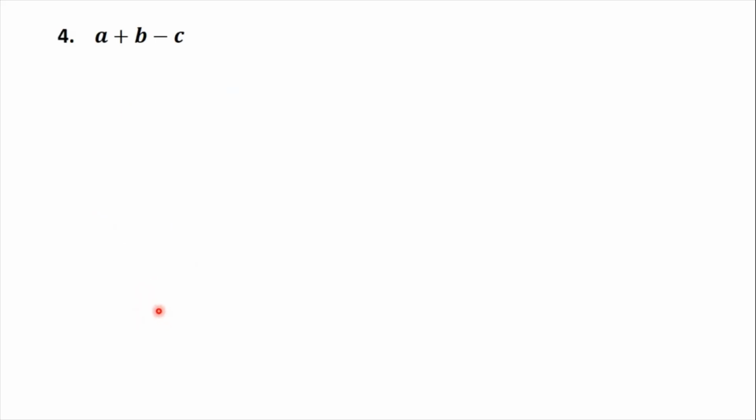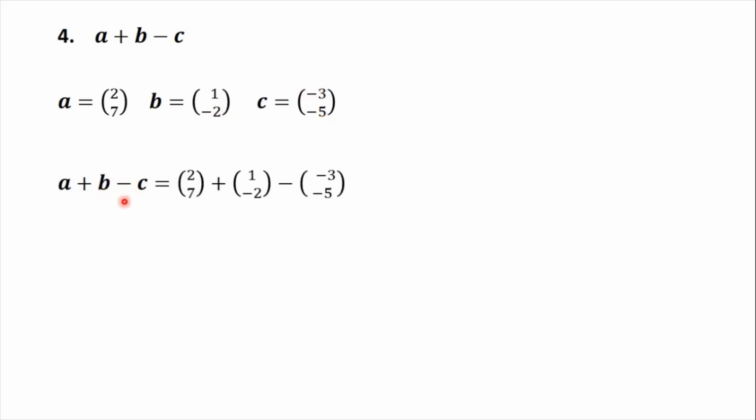The last one is A plus B minus C. A is (2, 7), B is (1, -2), and C is (-3, -5). So A plus B minus C will give us 2 plus 1 minus -3. So this will give us 2 plus 1 plus 3, because minus -3 will give us plus 3.